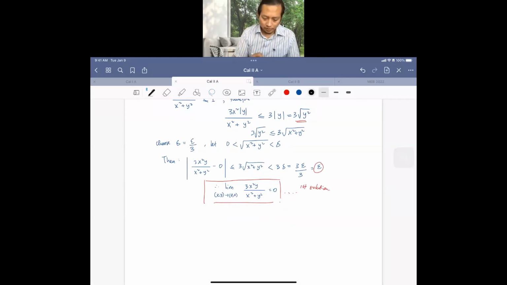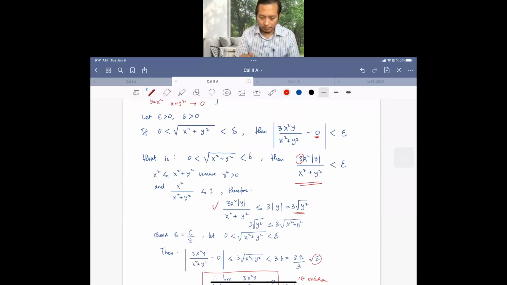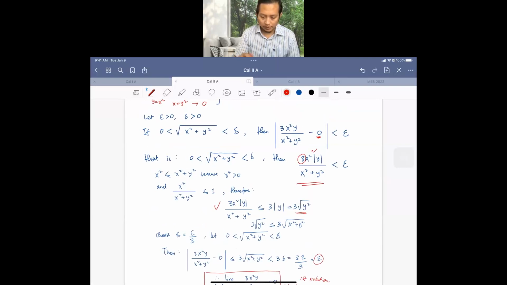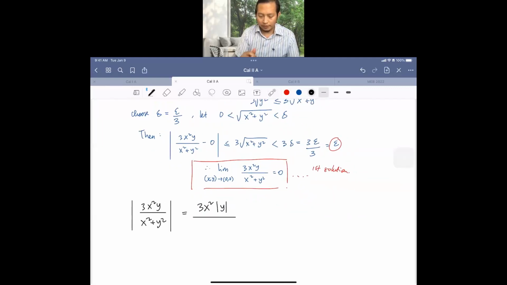Okay, now if we look at this example here, we know that the only way this expression can be negative is because of the y, right?